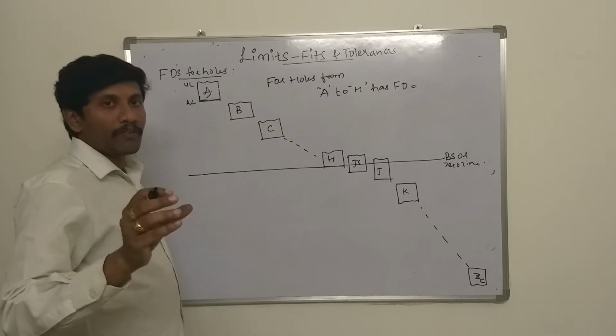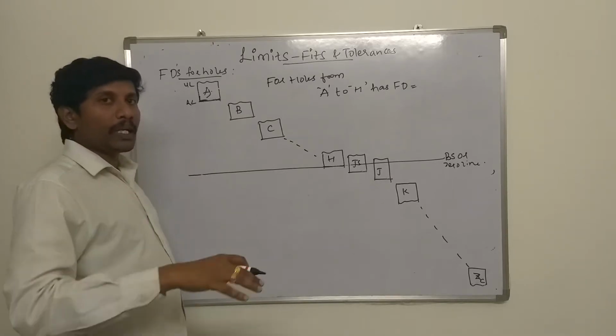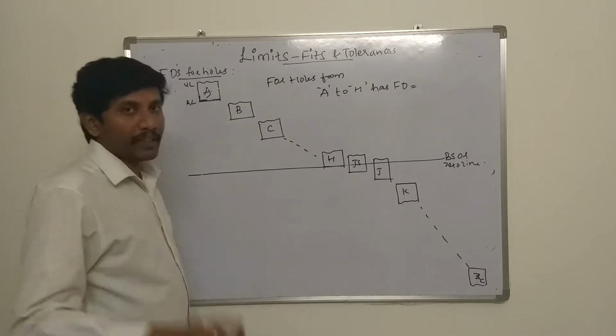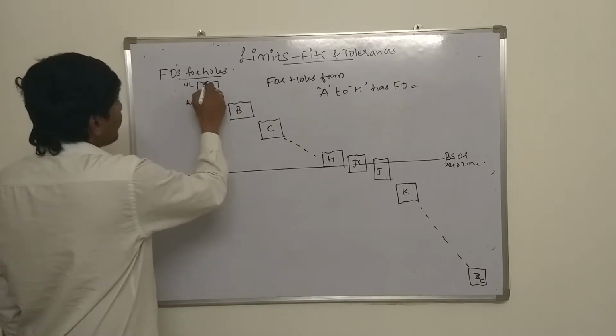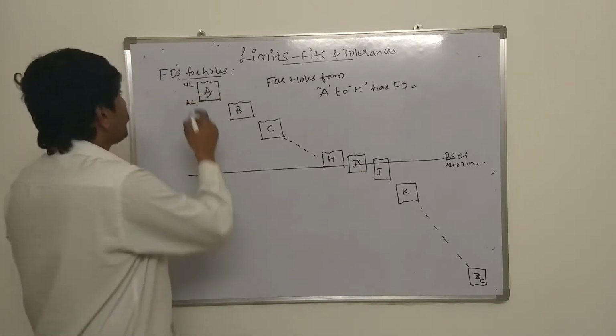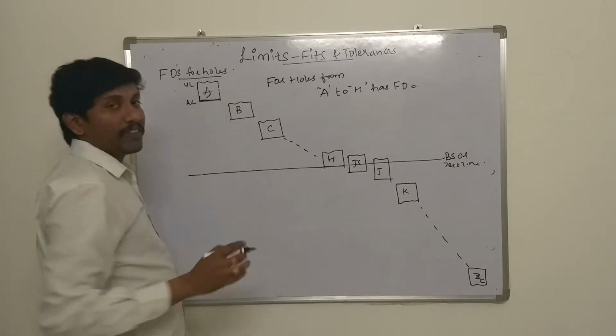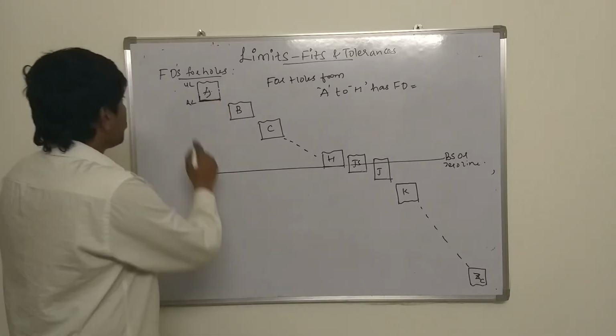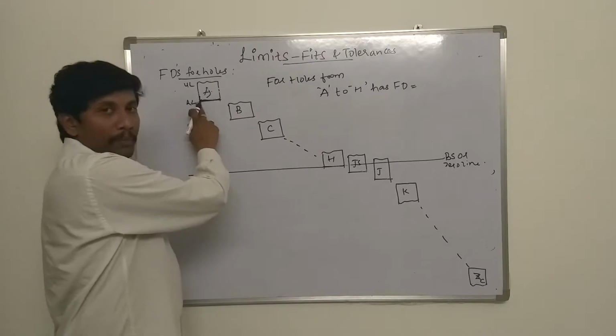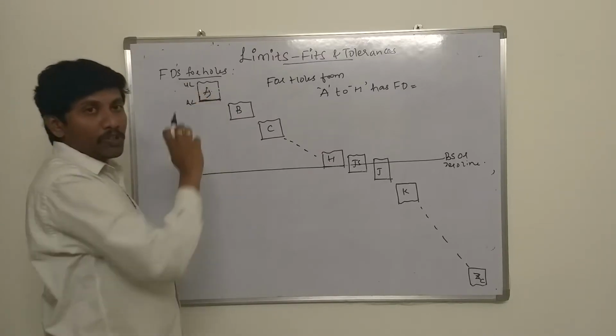Because we will be learning what we mean by tolerance grade. Then you can understand why I have represented the upper limit with some form of a curve and lower limit with a straight line, which is a fixed limit. If you see, this limit is lower limit, this limit corresponds to upper limit.